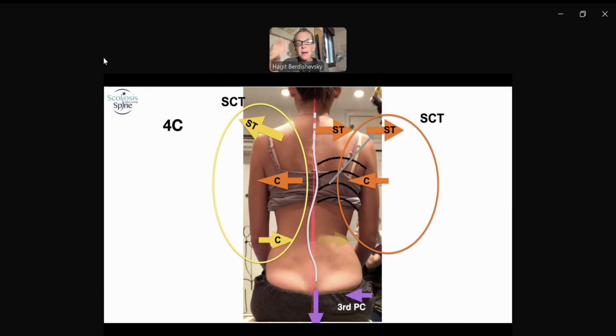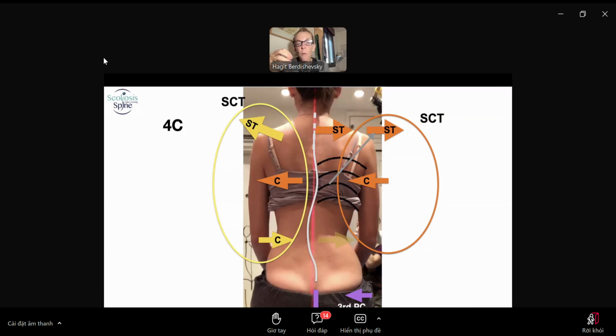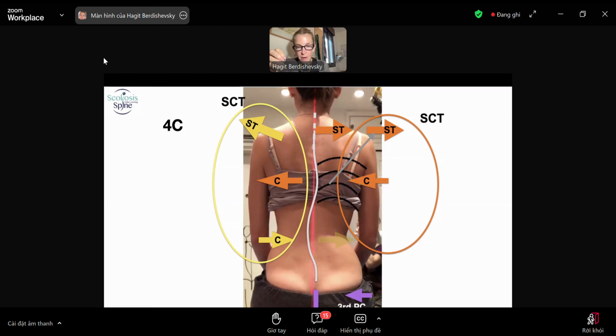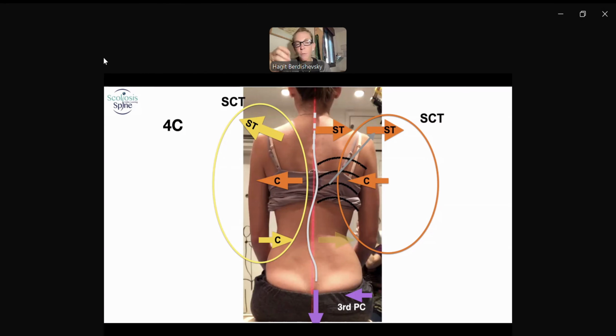If you climb and you look now over this coloring, you will see the yellow is the lumbar. Lumbar, or we call it the weak side shoulder counter traction, the need for it comes from the lumbar correction, expansion, and then a collapse, or the ribs or the thoracic will increase on the right side.